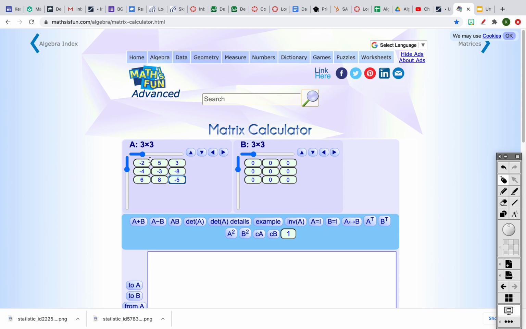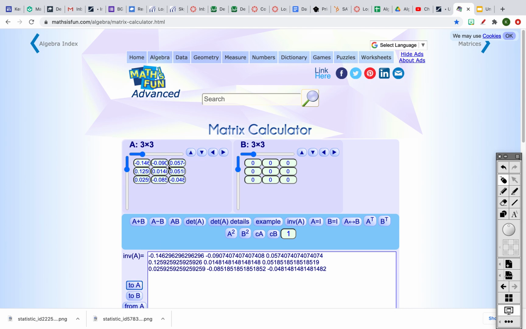Step 2 is to click the inverse of A button. It does all the crazy math for you. Then you need to copy paste this into A. Remember, B is not a 3 by 3, it is a 3 by 1.